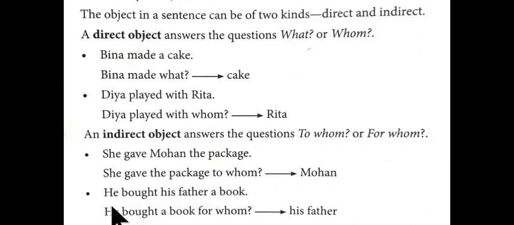Only these two questions you can use in order to get the indirect object. So he bought a book for whom? Are you getting any answer? Yes, we are getting the answer, for his father. So here his father is the indirect object.